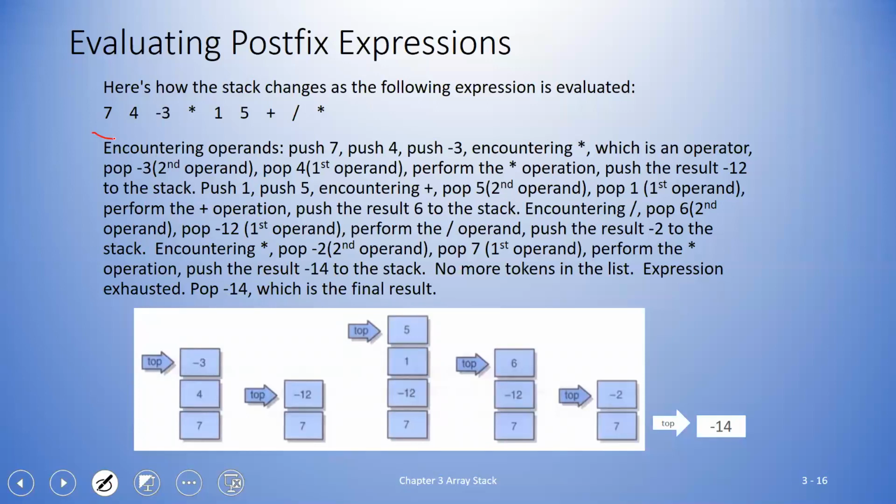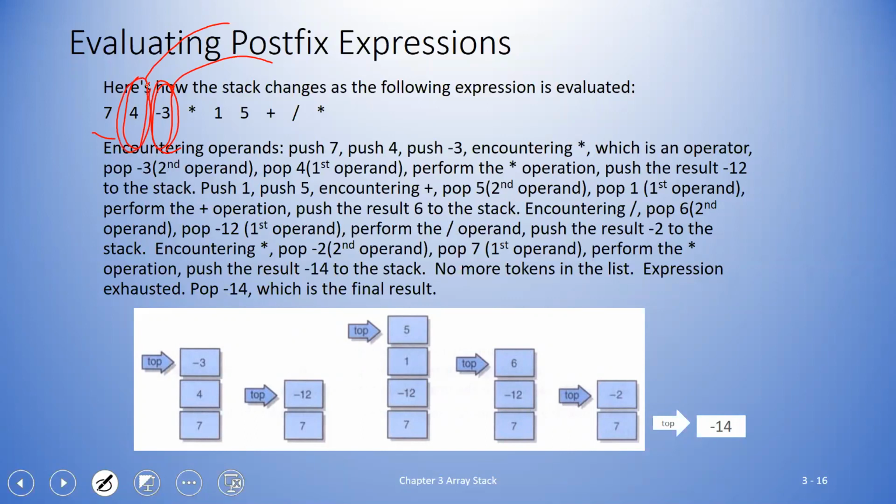We push. If we see an operand, we push it onto the stack. Operand we push, operand we push. When we see an operator, what do we do? We remember that operator, and we pop. We pop this one as the first operand, and we pop the second one, that one as the, no, I'm sorry, this one is the second operand. This one will be the first operand.